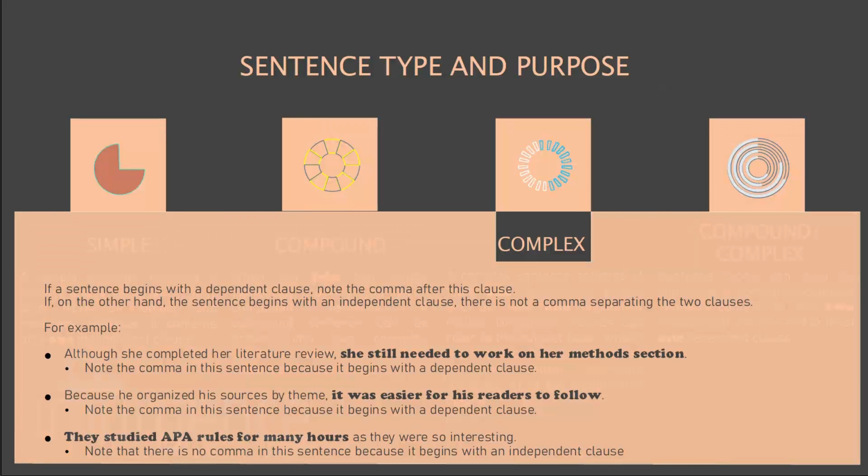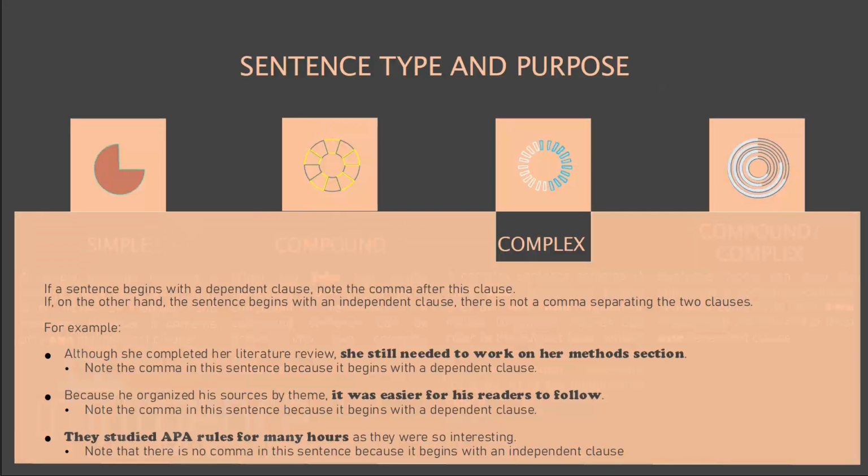Now, if you look at the sentence, "although she completed her literature review" is your dependent clause. "She still needed to work on her methods section" is an independent clause. Both are separated by a comma, which joins the two different statements.